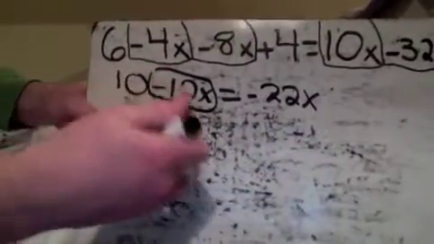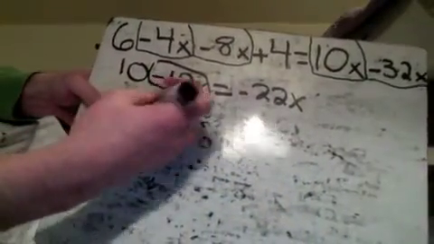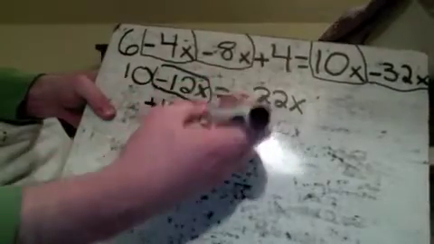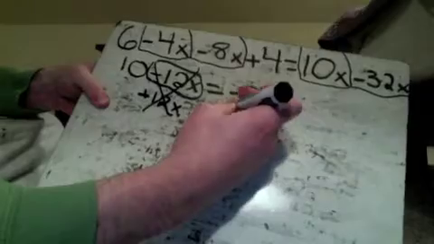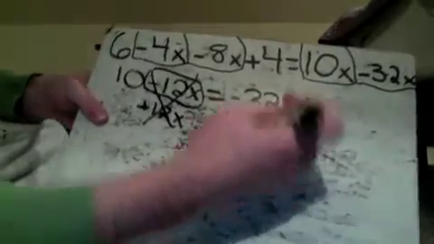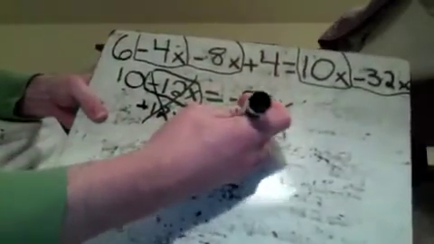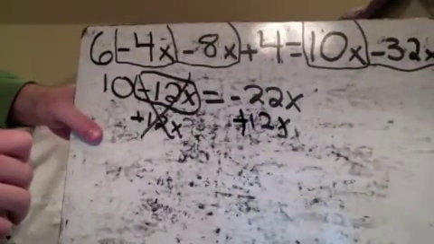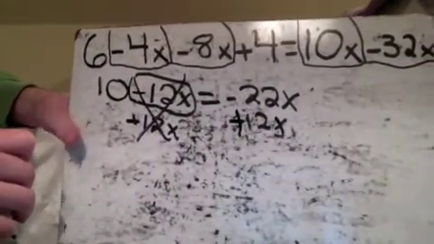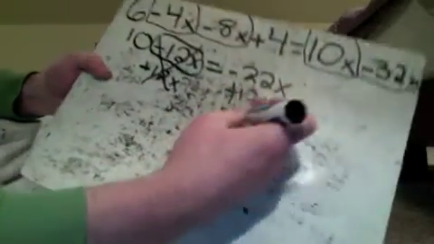So minus 12x, the opposite is plus 12x, and then plus 12x. Now I've got negative 22 and 12, which is negative 10x.